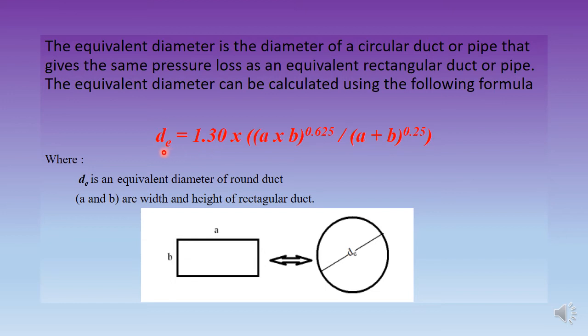And the formula is DE, or the equivalent diameter of the round duct, equals 1.3 times AB to the power of 0.625 over, or divided by, A plus B to the power of 0.25. So if you have this one, you may calculate the equivalent diameter of a round duct.